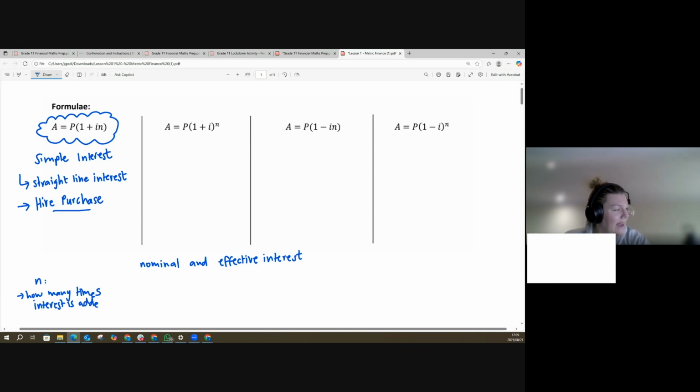Okay. And now, since nominal and effective interest rate was brought up, who can tell me which is which? They're both going to use compound. Good. Effective is the same time frame.